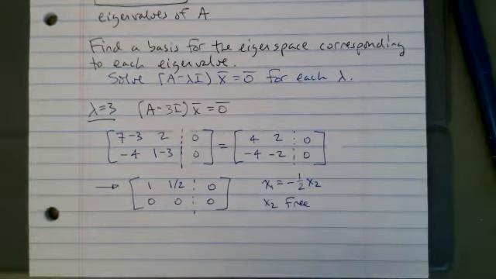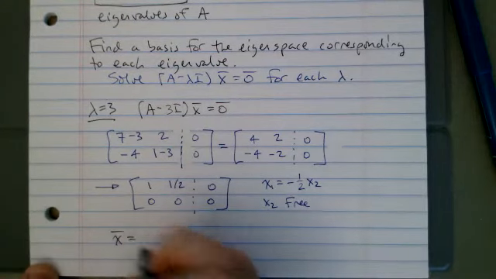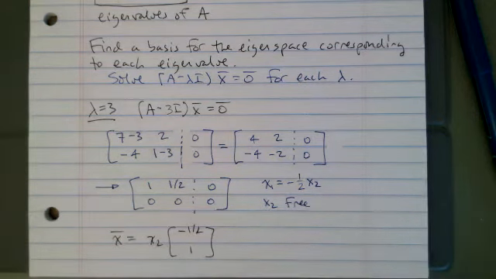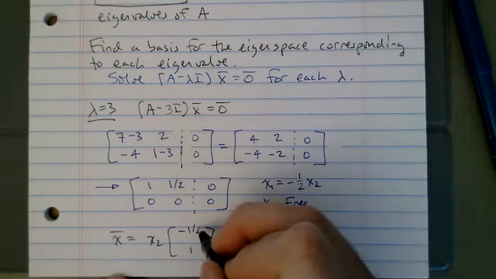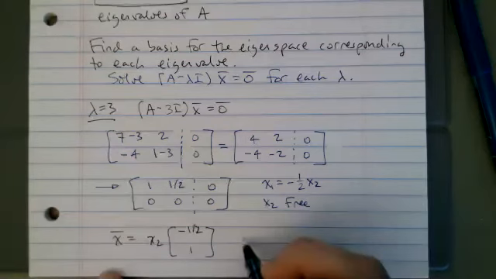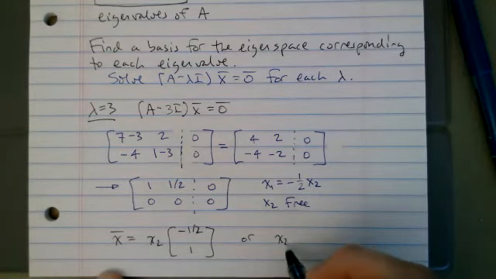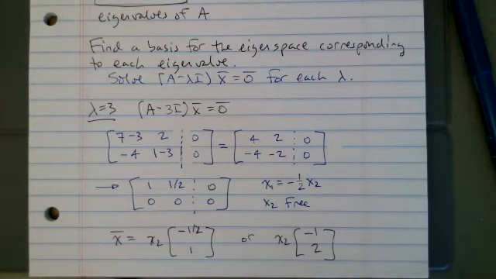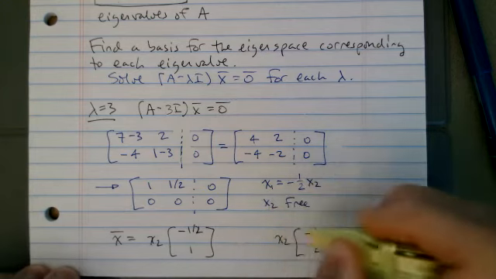So I can say our solutions x look like x2 times -1/2 and then 1. If we don't like fractions, I can just multiply this by 2 and write it as -1, 2.